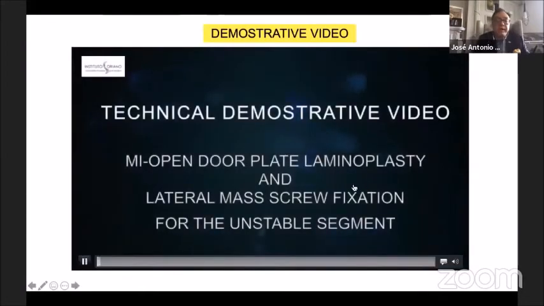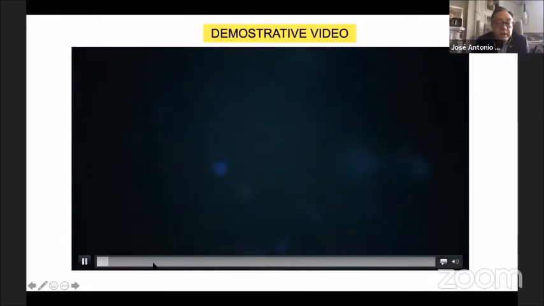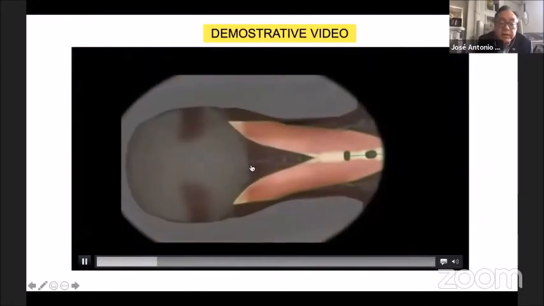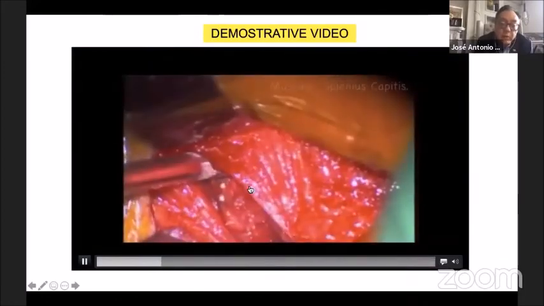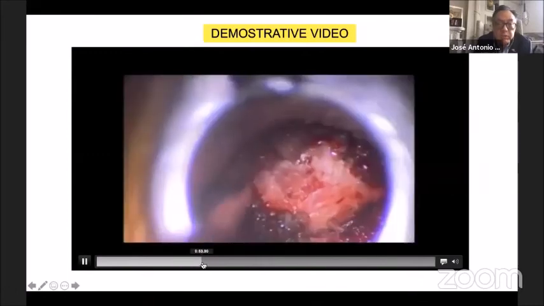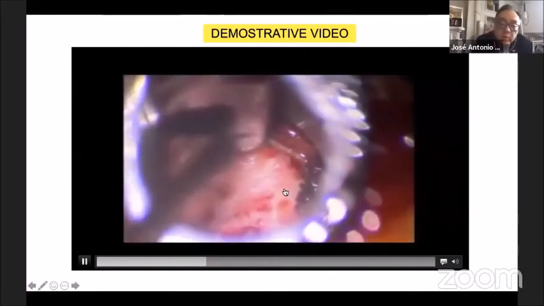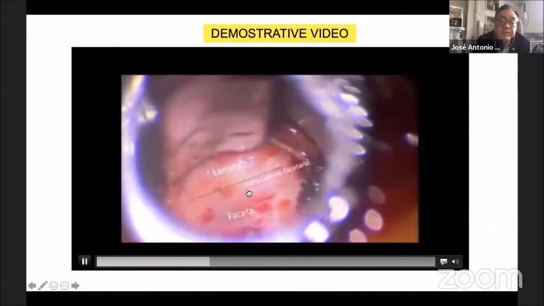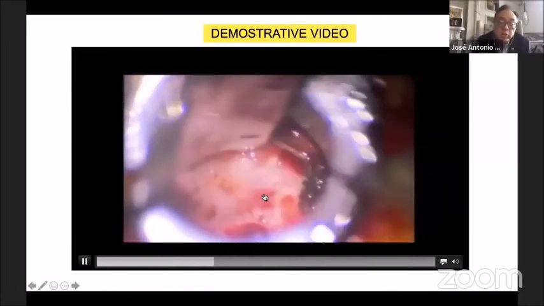So in this brief video, the last video, I'm going to show you how, with the same technique, bilateral approach, we identify the muscle bundles. Then we identify the facets and the laminofacet junction.